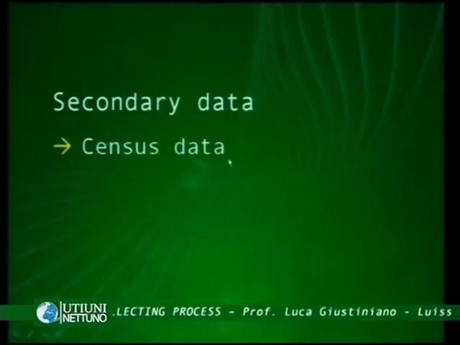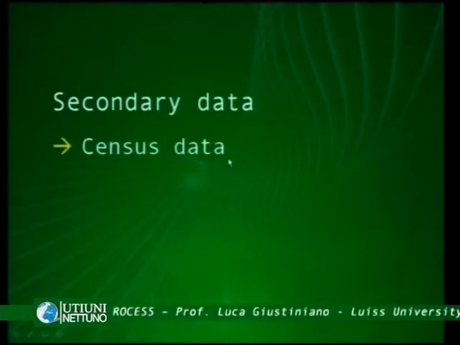One negative aspect, which is often related to census data, is the degree of update of such data, which means that census takes place generally every 5, 10, or 15 years. So we might have a picture of a specific situation, which is not the state of the art of the local conditions.